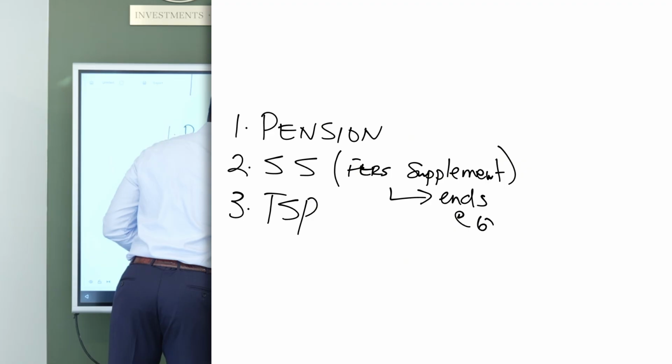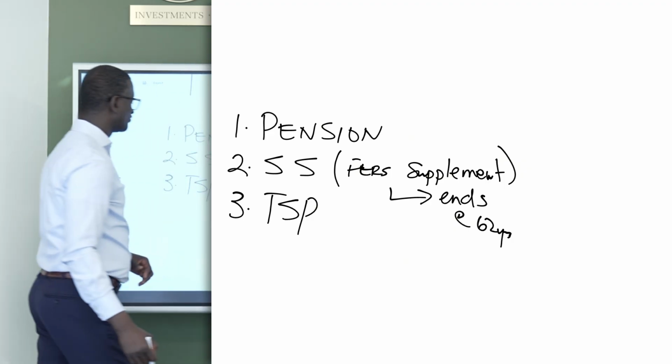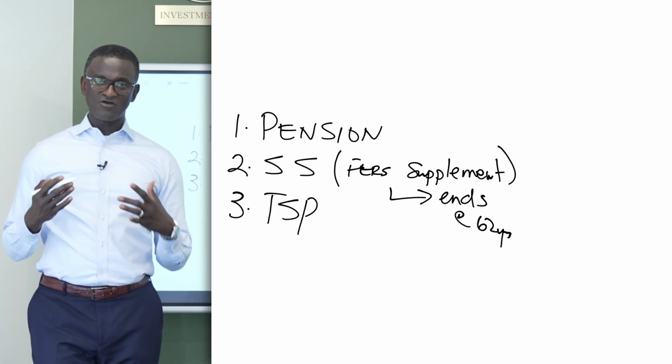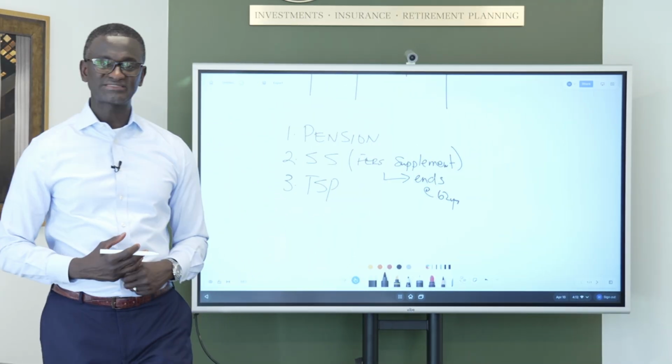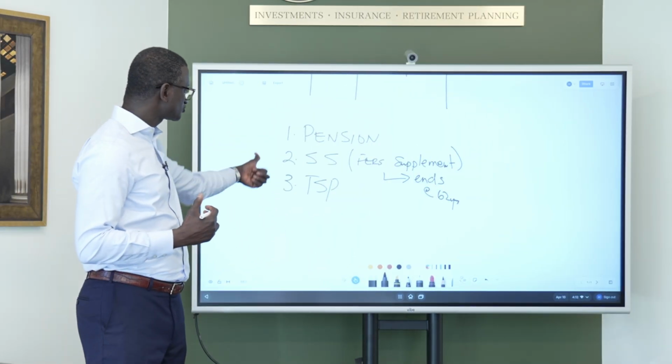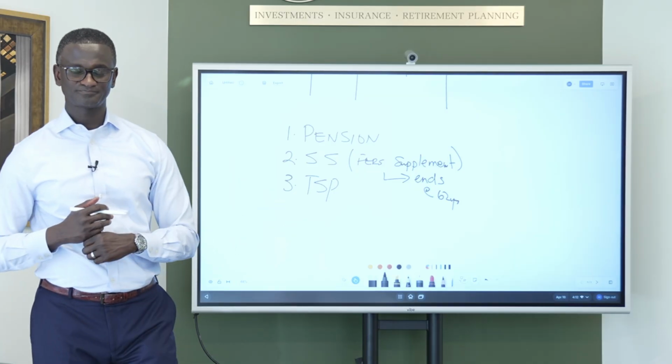So these are pretty much your foundation. These are the three-legged stool that you're going to have upon retirement. You're going to get your pension, you're going to get Social Security, and you're going to get your TSP.